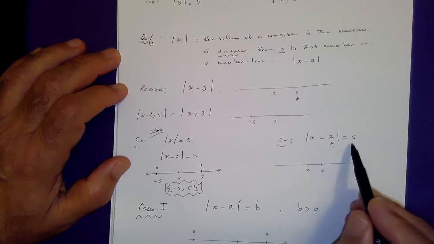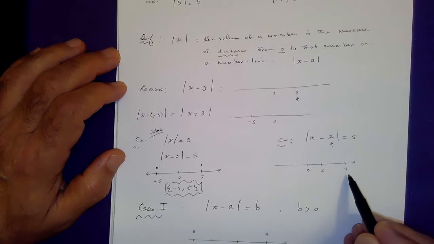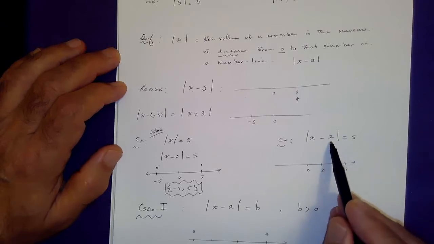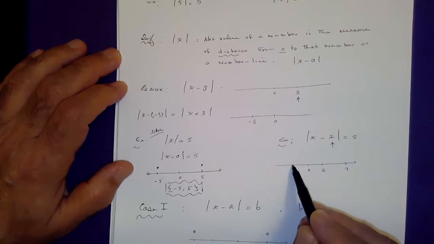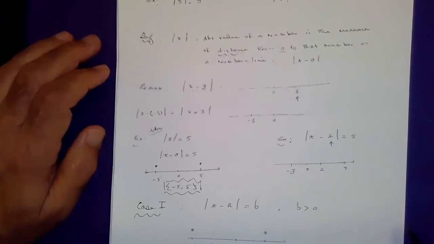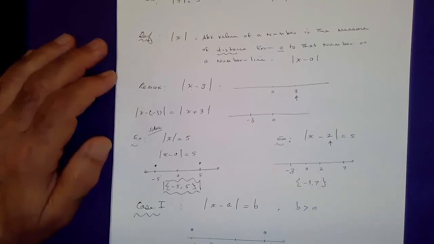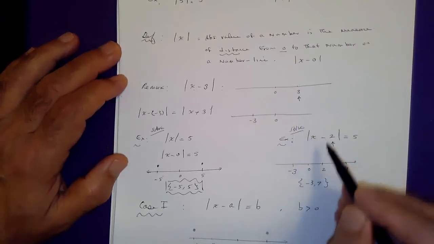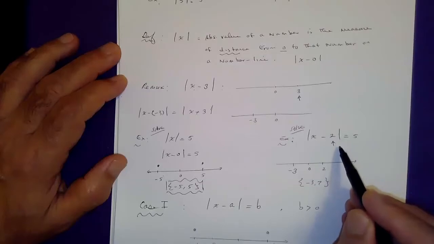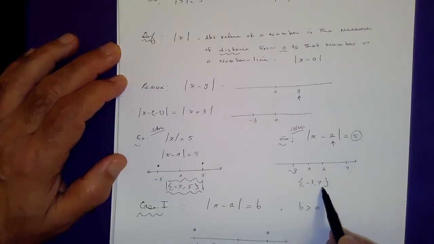So I have to go 5 units to the right side of the 2, which takes me to 7, and 5 units to the left side of the positive 2, and that would take me to -3. So the solutions are -3 and 7. And notice they both check in the equation. So the bottom line is, when you have an equation with absolute value in it, and the number on the right side is positive, you always get two answers.